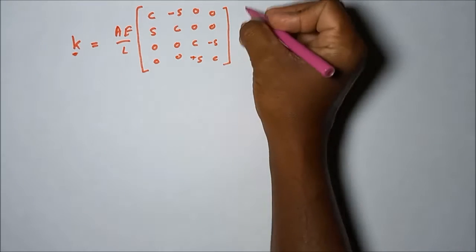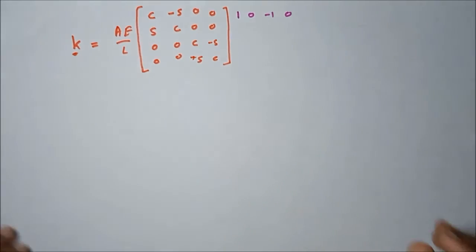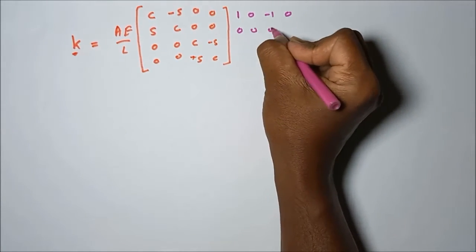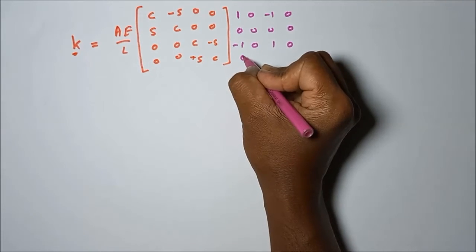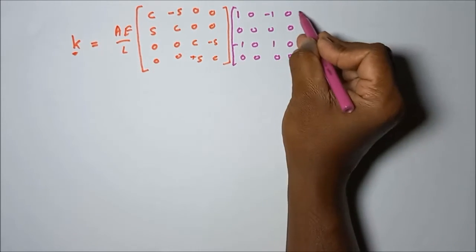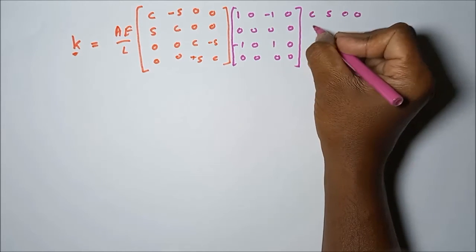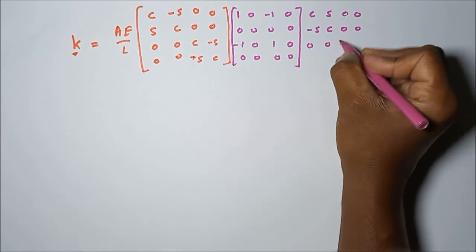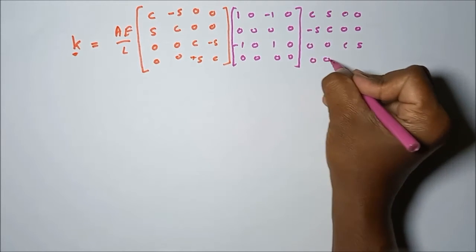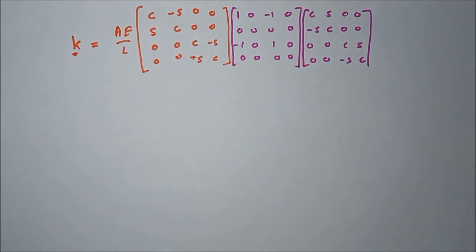Then the other matrices are the same: 1 0 minus 1 0, 0 0 0 0, minus 1 0 1 0, 0 0 0 0, and the C S 0 0, minus S C 0 0, 0 0 C S, 0 0 minus S C. Okay, then this is the element stiffness matrix with reference to the global coordinate system.